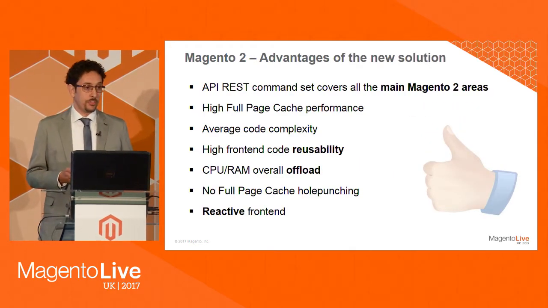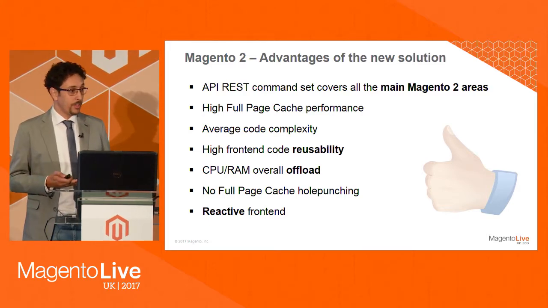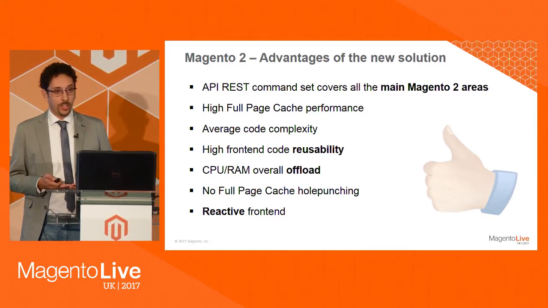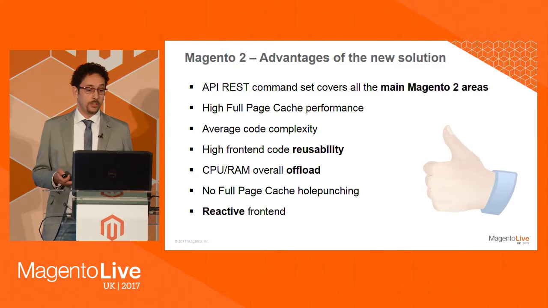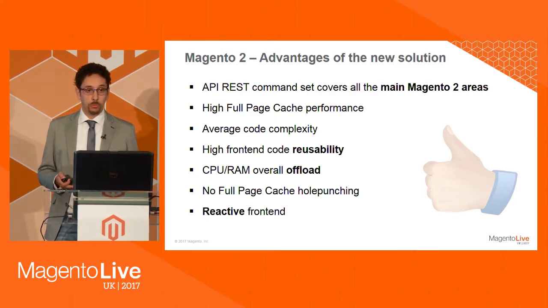The main advantages of this solution are quite clear. You have very wide coverage of REST APIs. We know that Magento 1 was very good about APIs, but Magento 2 is impressive. You have APIs for everything from the front end and everything from the back end, and if you do not have one, you can easily expand. It's very simple. And most important, you can rely on a real full page cache.